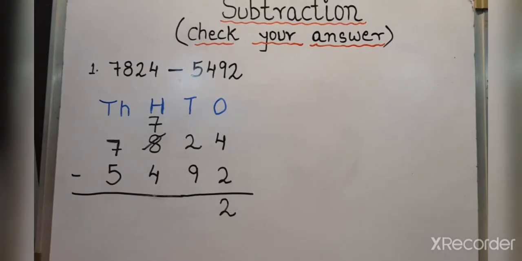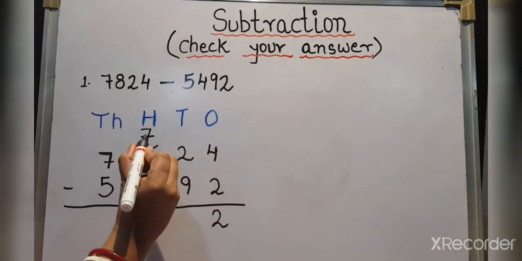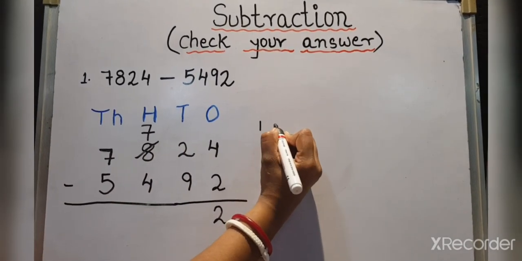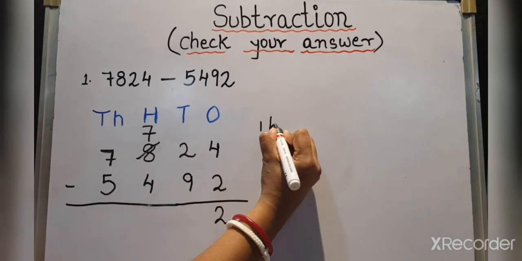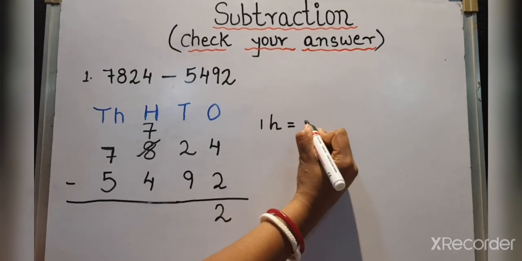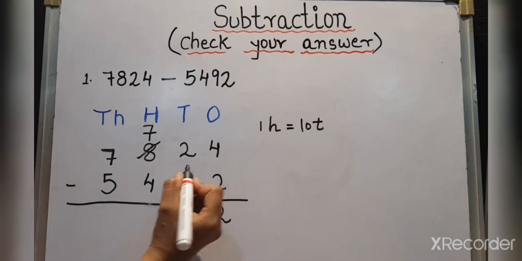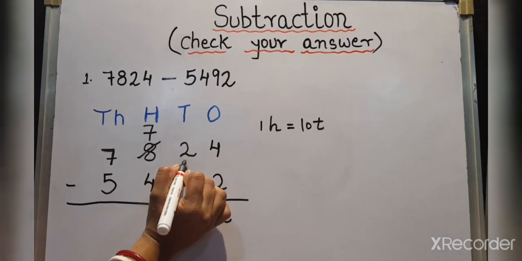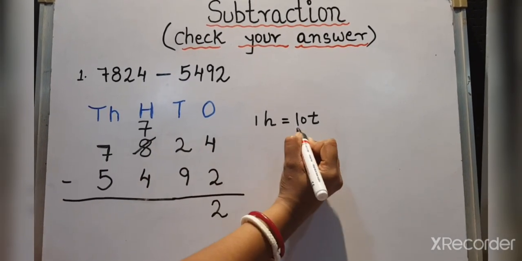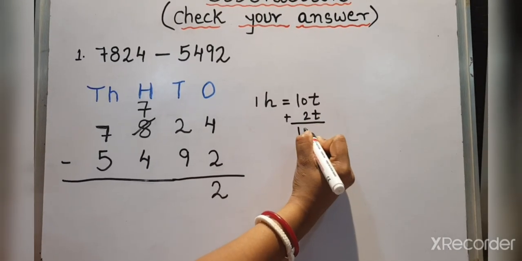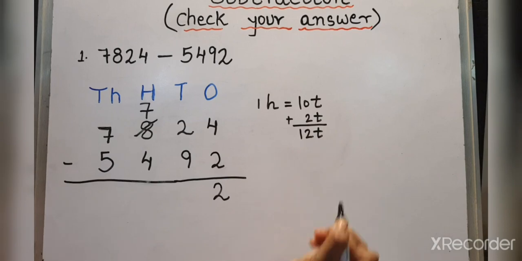Okay. Children, now here we have got 100. Right? 100 is equal to 10 tens. Okay. Children, in the tens place we already have 2 tens. So we will just add that and we get 12 tens.